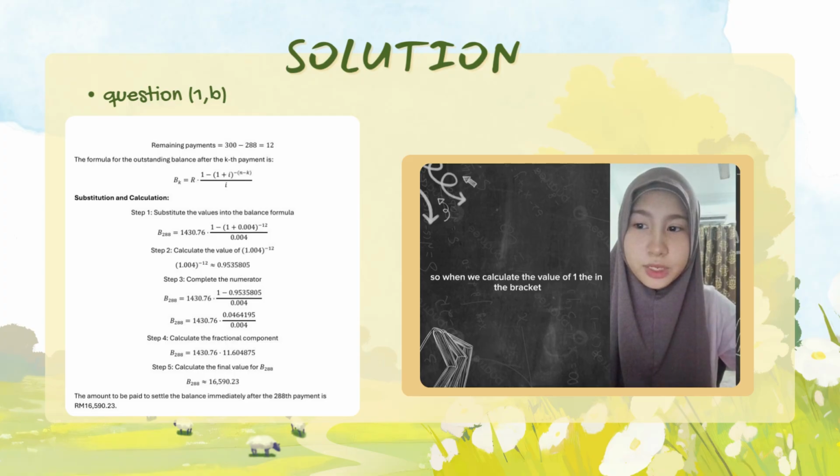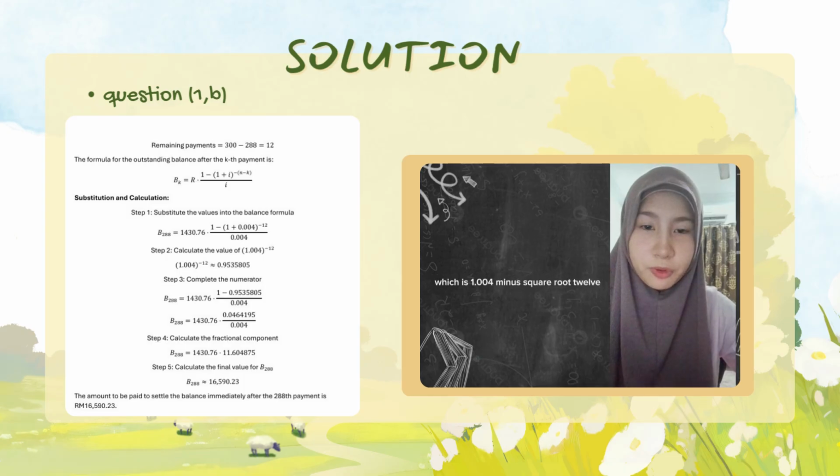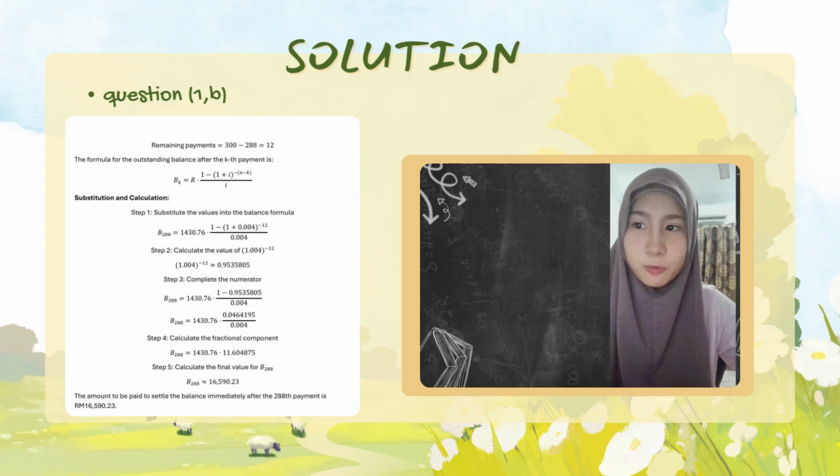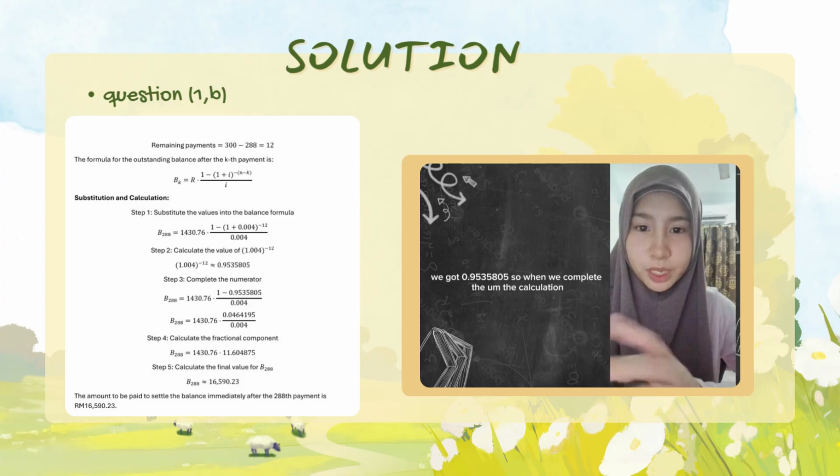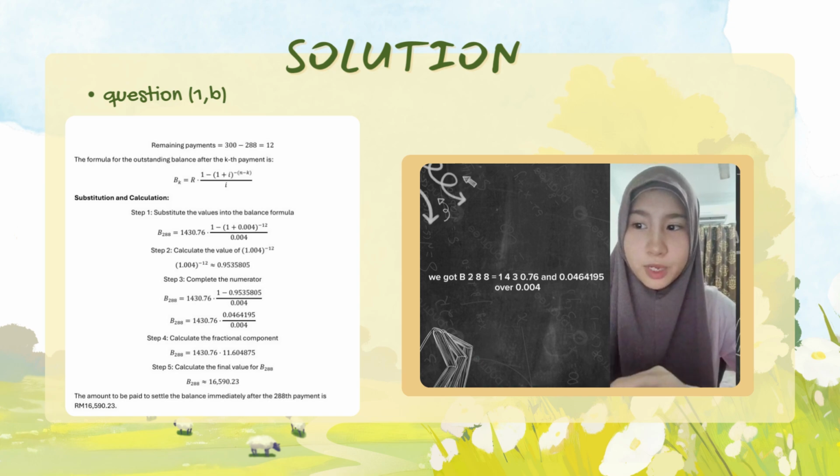So when we calculate the value in the bracket, which is 1.004 to the power of negative 12, we get 0.9535805. So when we complete the calculation, the one that is 1 minus the balance, we get B_288 equals 1430.76 times 0.046495 over 0.004.